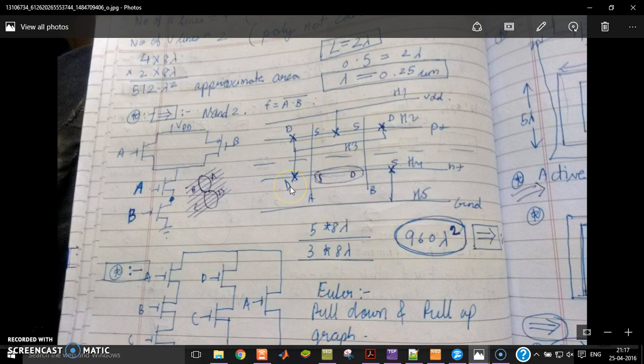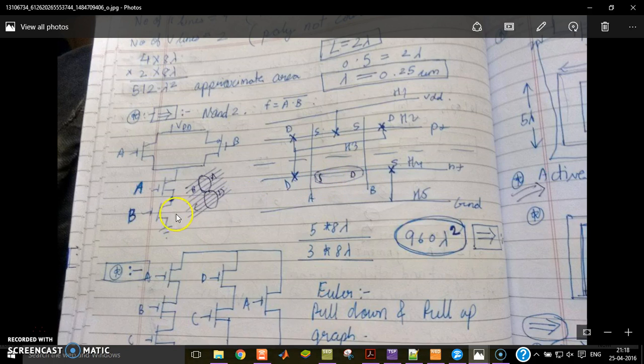So let's say for NMOS, I consider this having the gate with the input A. This is drain and this is source. So first of all, this drain corresponds to this point out here, and the source corresponds to this point, and the drain of B now is connected to the source of A. So this drain of B out here is connected to the source of A. This connection we need not make; it's automatically connected out there.